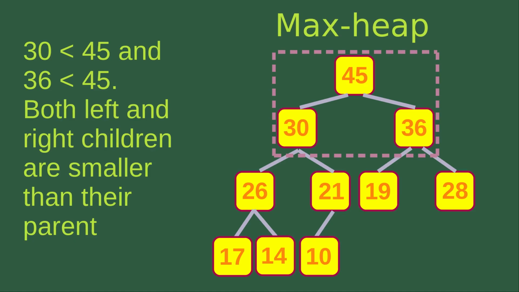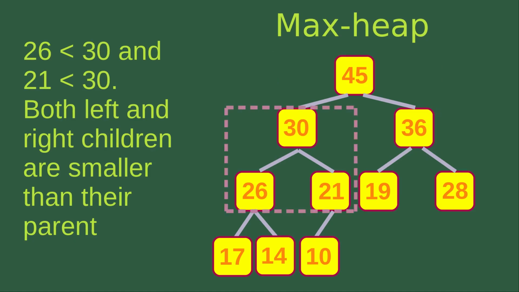We can see that for this particular subtree, 30 is smaller than 45, and also from this subtree structure, 30 is smaller than 45 and 36 is also smaller than 45. It means that the left and right children are both smaller than their parent. So in this case, this subtree is a valid subtree according to the max heap structure.